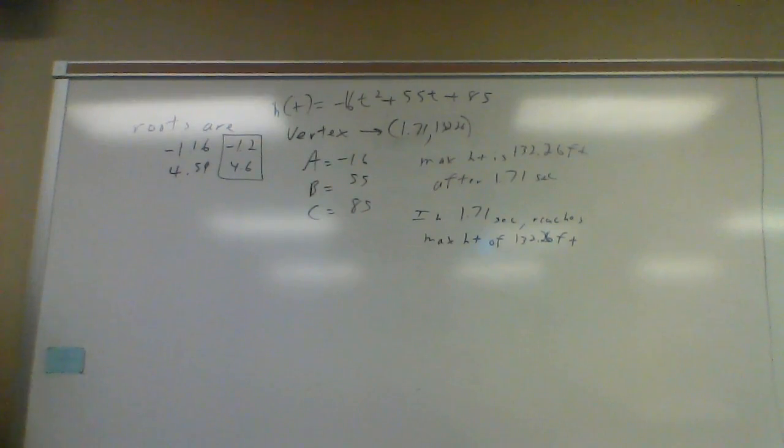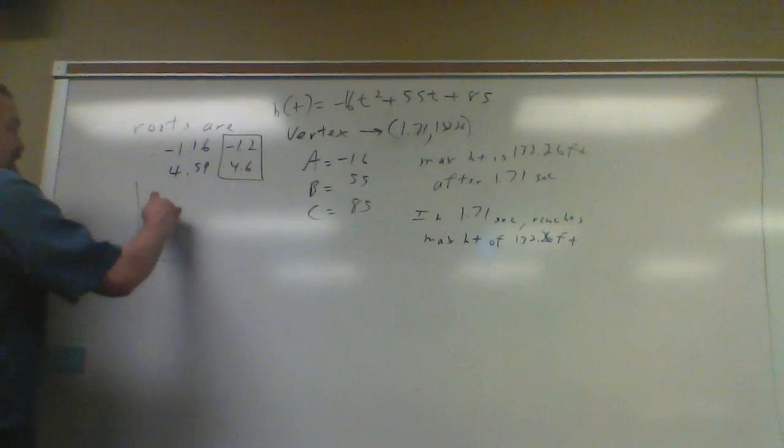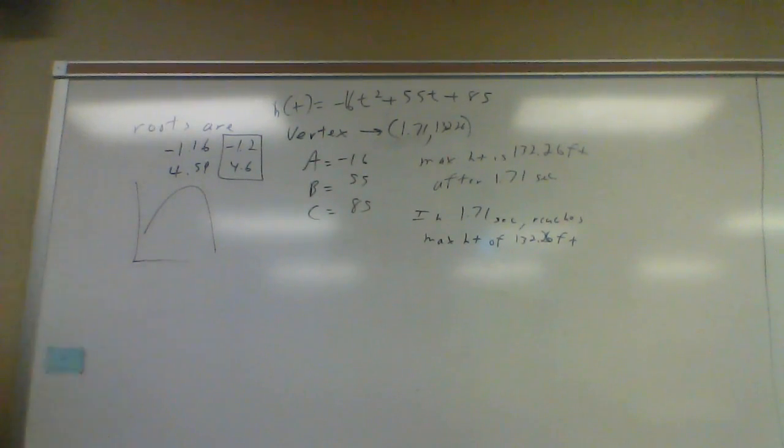4.6? You sure? We can't have negative time. Good job. That's what I'm looking for. Remember, this is time, right? We're talking about something going in the air and going back down to the ground, right? And this is time right here.